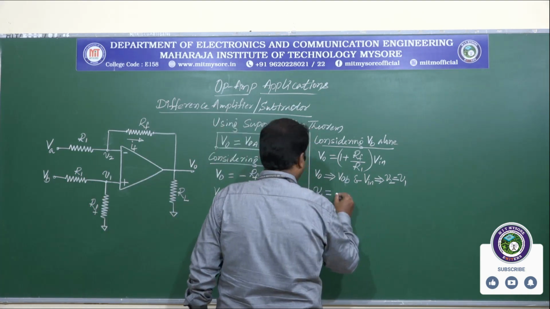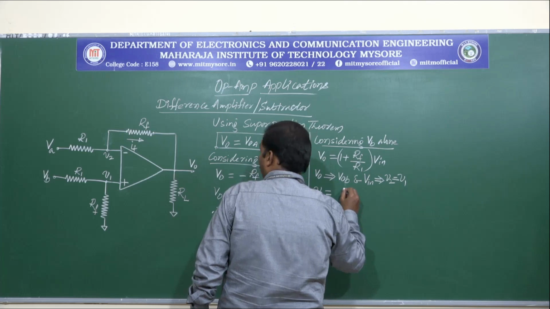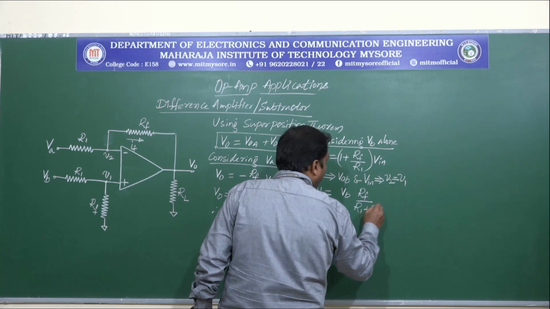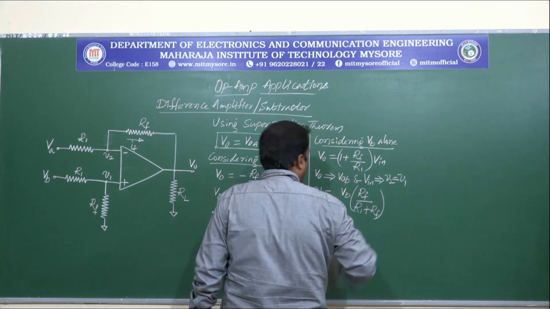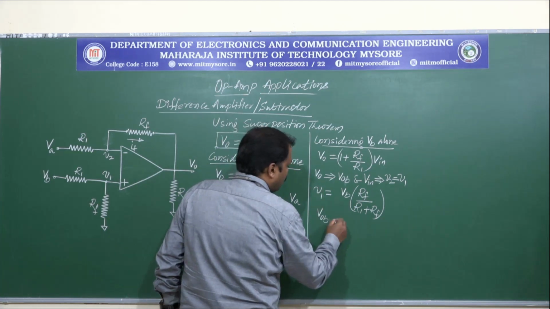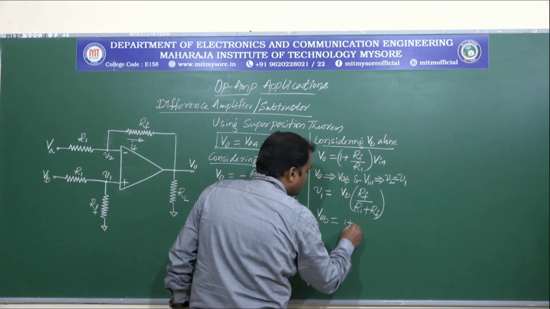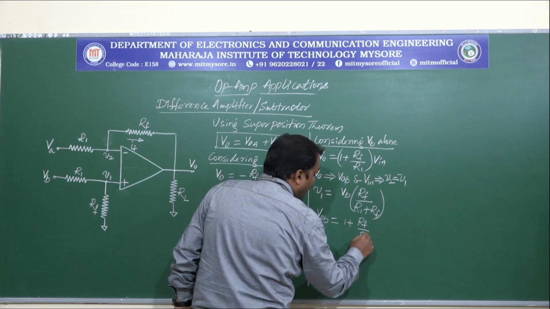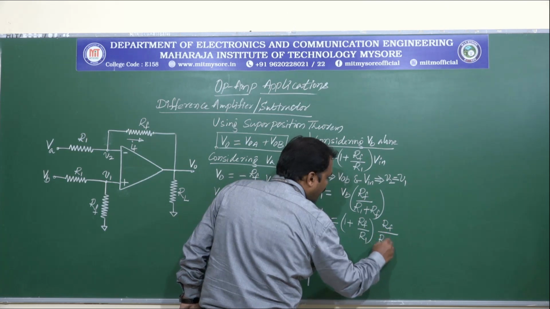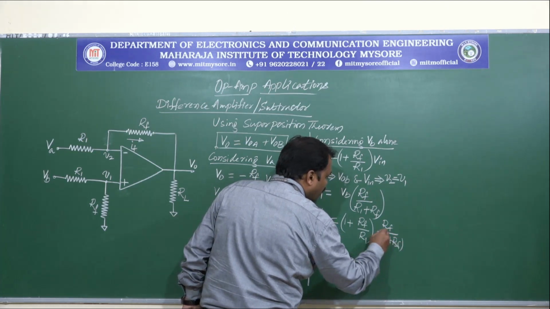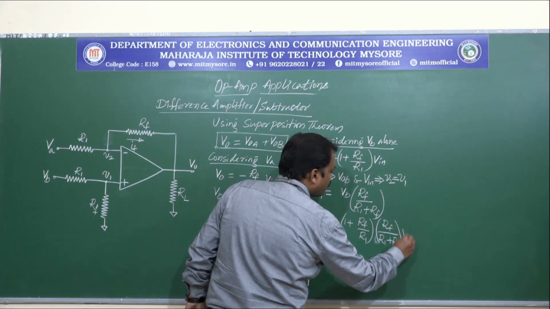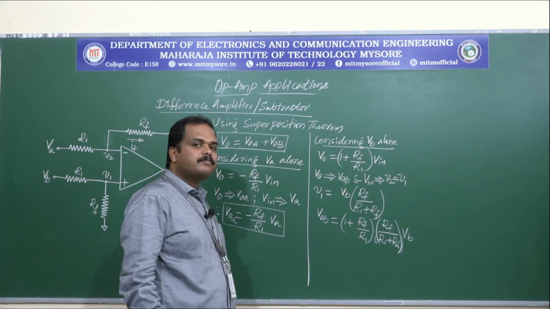So, V1, let us put this as VB into RF divided by R1 plus RF, so that V naught B will be equal to 1 plus RF by R1 into RF by R1 plus RF into VB, right.